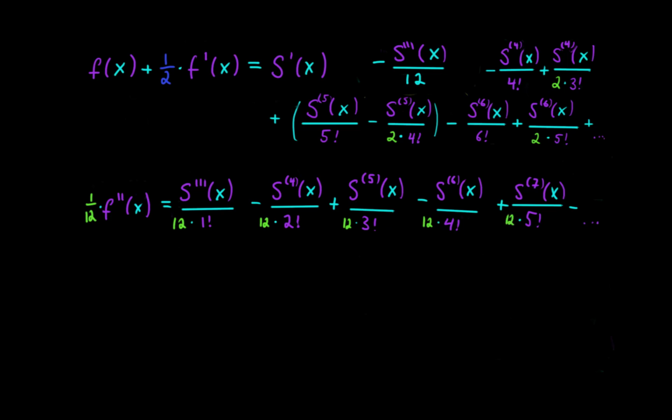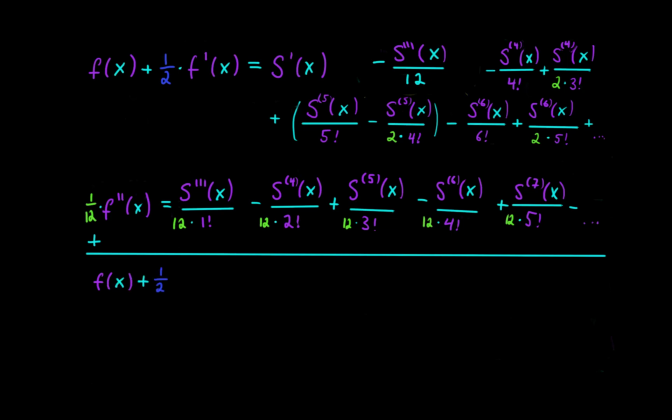And when we do that, summing the left-hand terms first, we get f of x plus 1/2 times f prime of x plus 1 over 12 times f double prime of x equals, and now here are the right-hand terms, that s prime of x again goes untouched. And then we cancel the s triple prime of x terms.